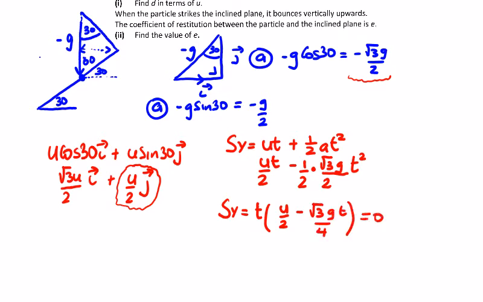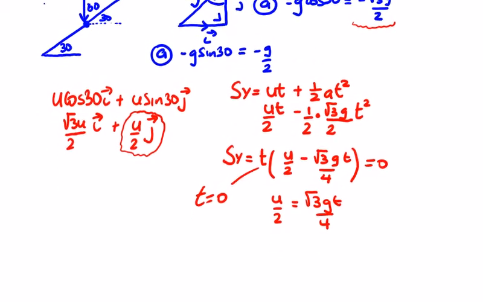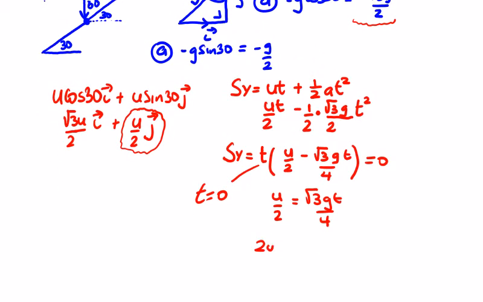And letting this equal 0, we get our initial time, where it hasn't started yet, time is equal to 0, or u over 2 will be equal to root 3 gt over 4. Multiplying by 4, we're going to get 2u is equal to root 3 gt. You can obviously simplify this quicker if you want. The time taken is 2u over root 3g.